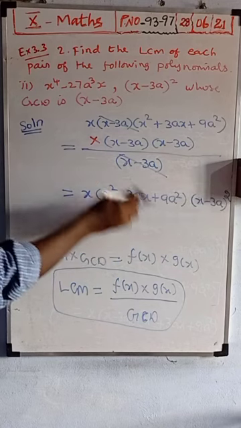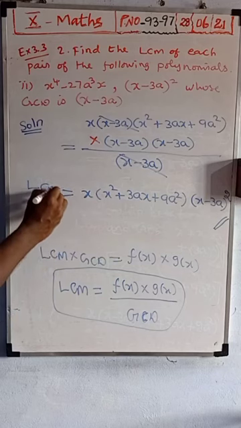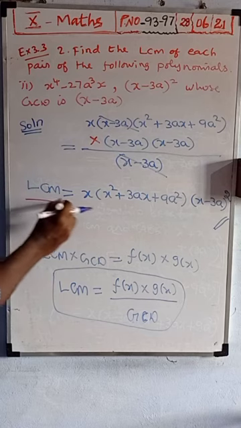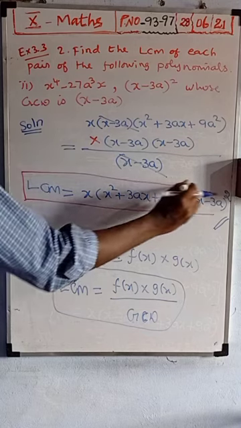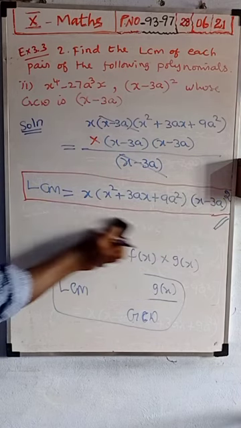We can remove the multiplication signs and write it. So this is called the LCM. The question asked to find the LCM, so using f of x, g of x and GCD, we received the LCM.